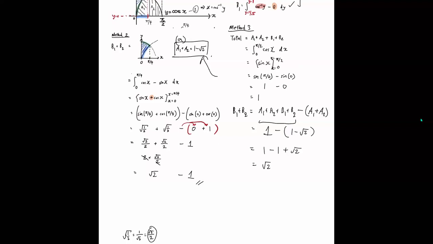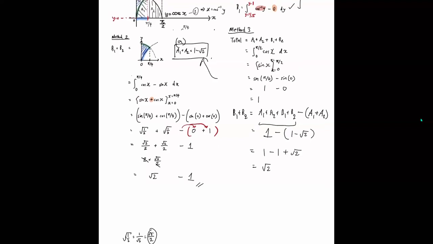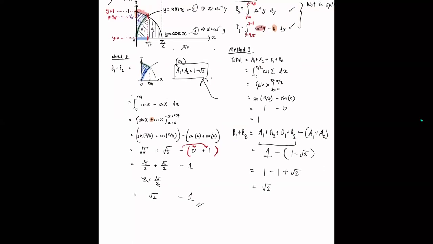Simplify, we get 1 minus 1 plus root 2, which is root 2. Wait, hold on. Did I do something wrongly? Answer is different. Let me see. Uh-oh, what happened? Answer is different. Let me think a bit.